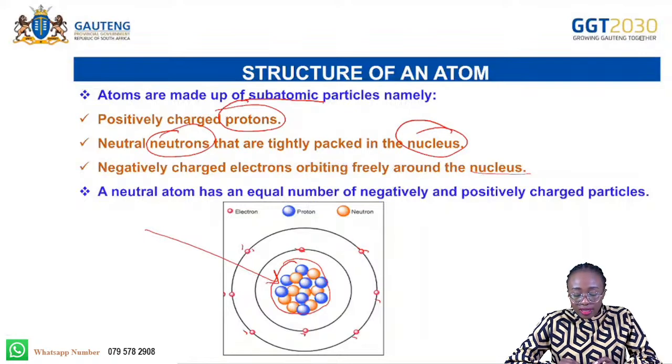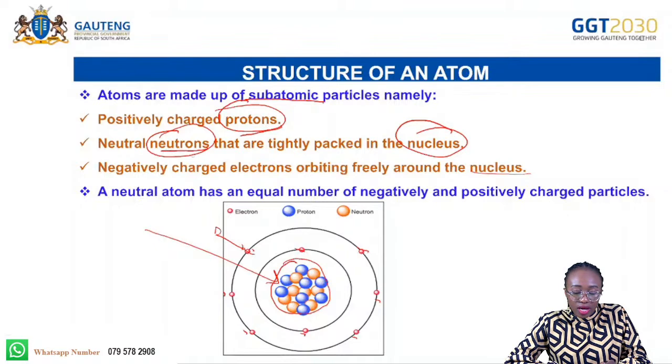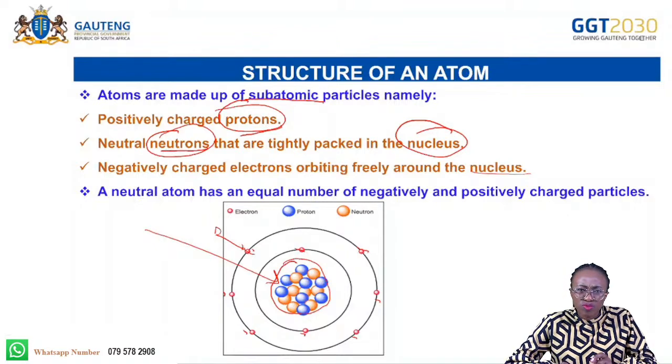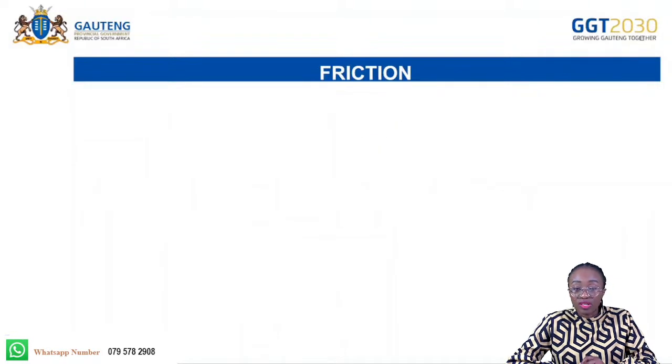The electrons can move or can be lost or can be gained because they are not tightly packed in the nucleus. Protons and neutrons, however, do not move out of the atom.